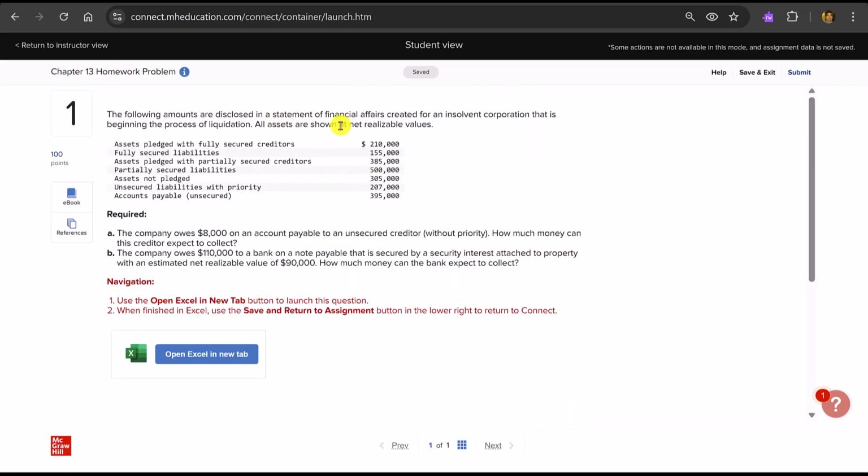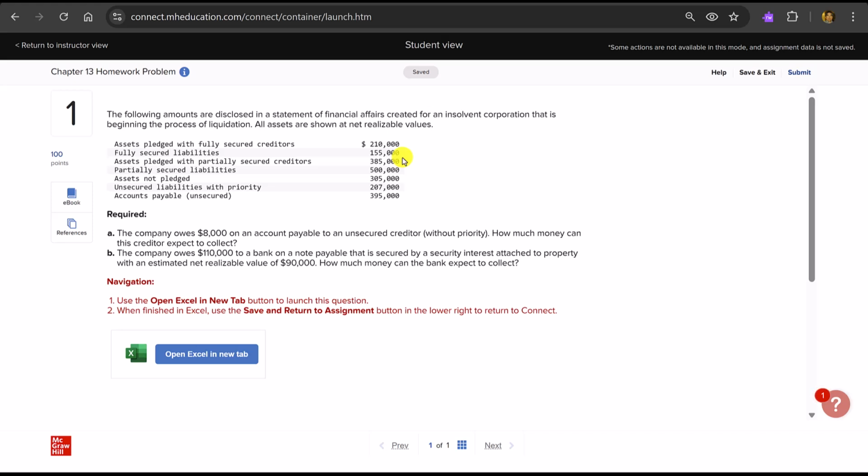We're given that a company is insolvent, meaning that they don't have enough assets to pay off their liabilities. But we have to divide up the liabilities into 3 different groups. One would be secured creditors. Here they're owed 155,000. Your numbers are going to maybe be different than mine, because this is an algorithmic problem.